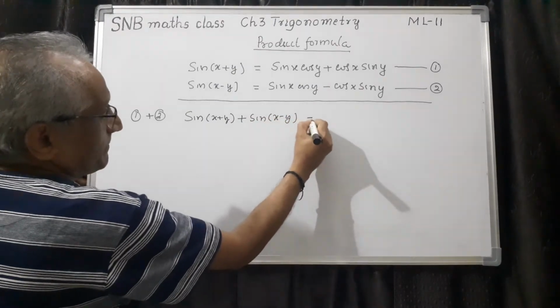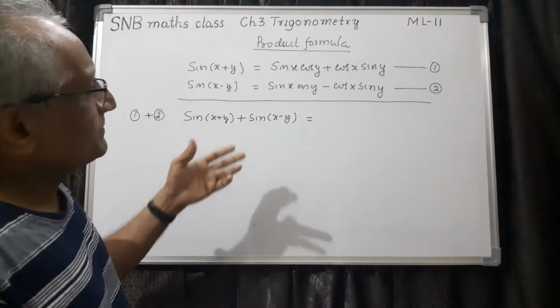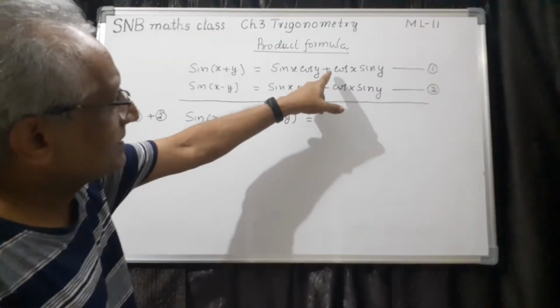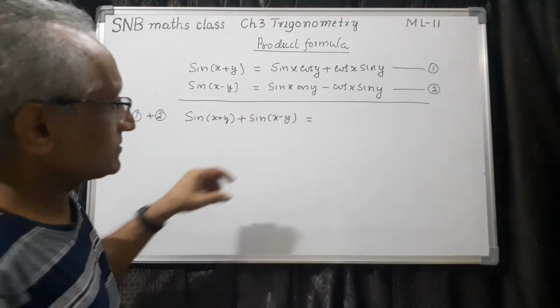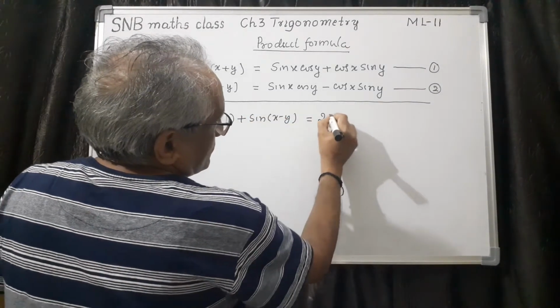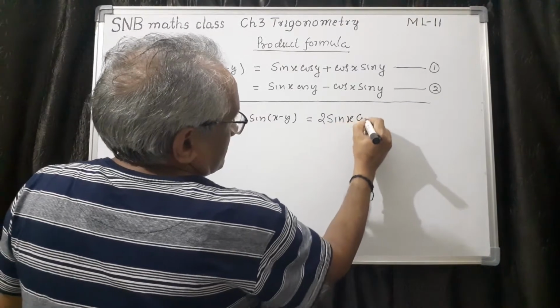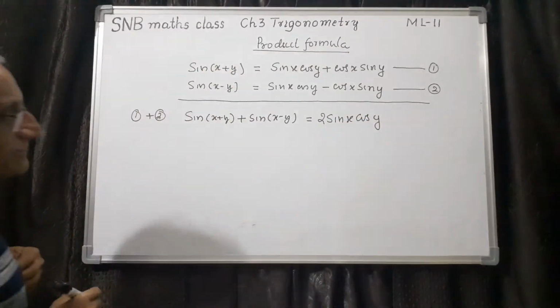It is very simple. When you add these two, one is plus, another is minus, so these two will cancel. So this will be 2 times sin x cos y.